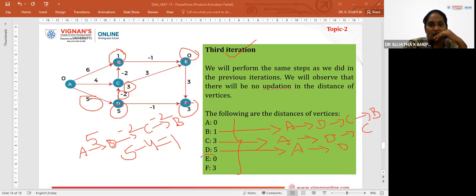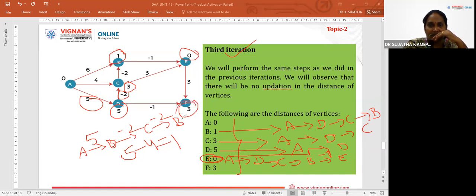Right. Next, coming to E, whose distance is 0. So how I am going for this is A to D, D to C, C to B, and B to E. So up to here, I am getting a cost of 1. Here the weight is -1. 1 minus 1 becomes 0.